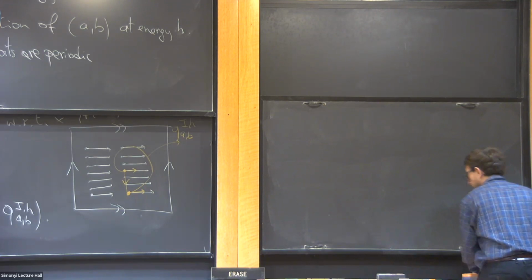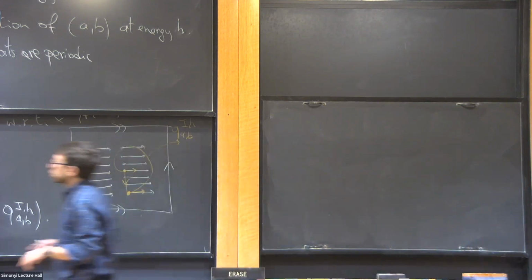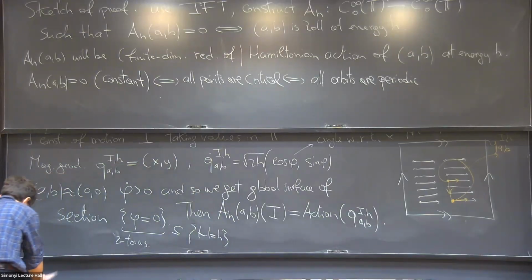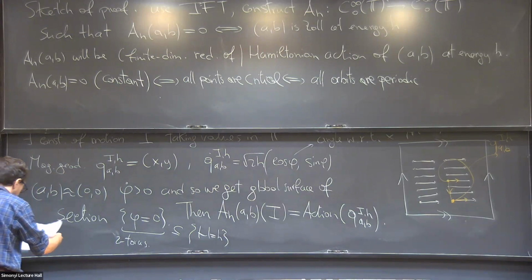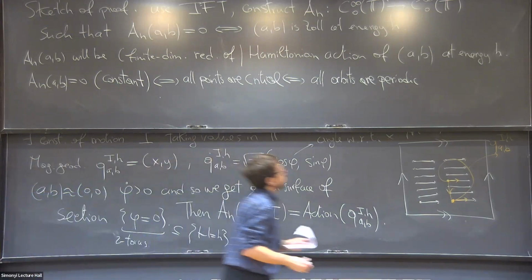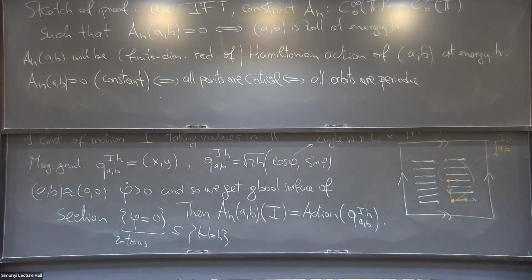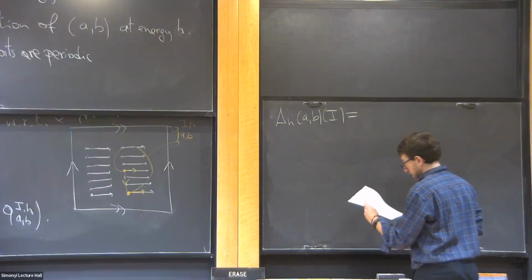All right, so now I've defined the action, and I want to use the implicit function theorem. For that, I can briefly write down the formula that one finds.